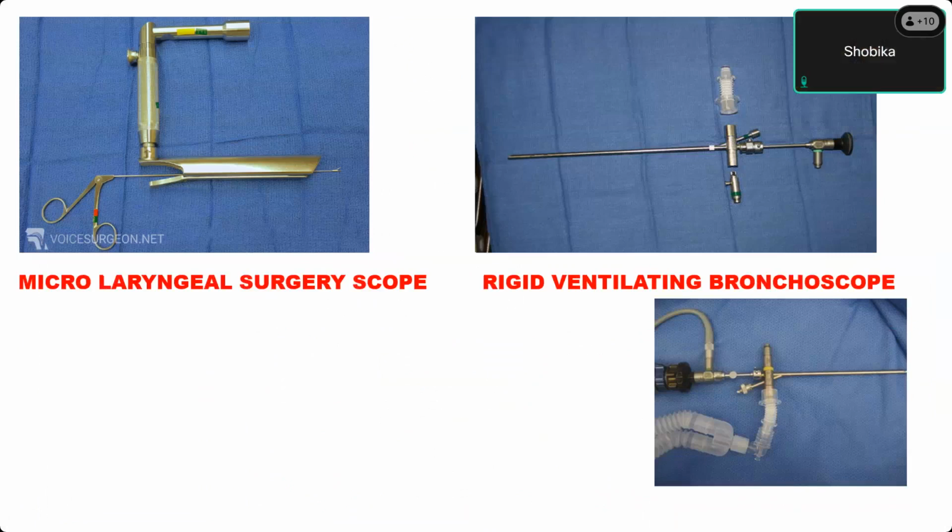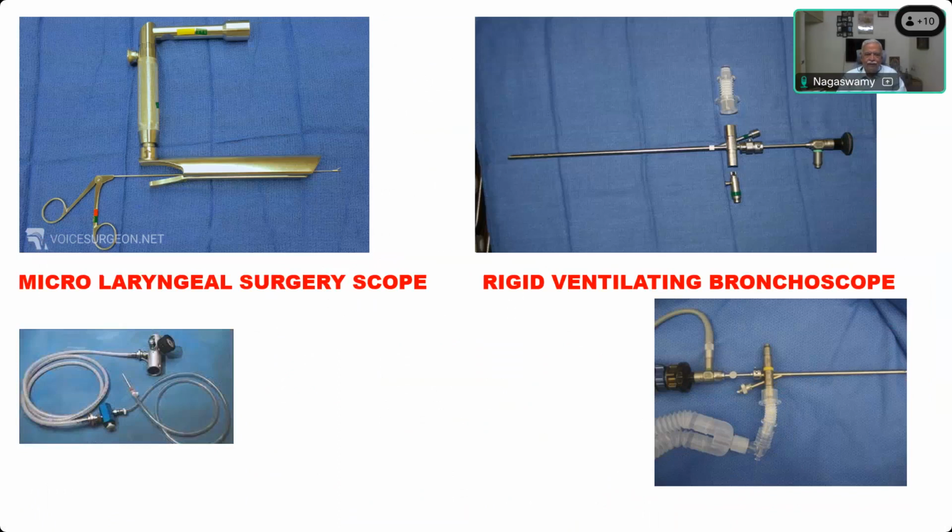Rigid bronchoscope. Is this the jet ventilation? With ventilation. Normal breathing, sir. It is a normal breathing system which is attached to that. Okay. So this is the rigid bronchoscope to which you can use your normal breathing circuit.